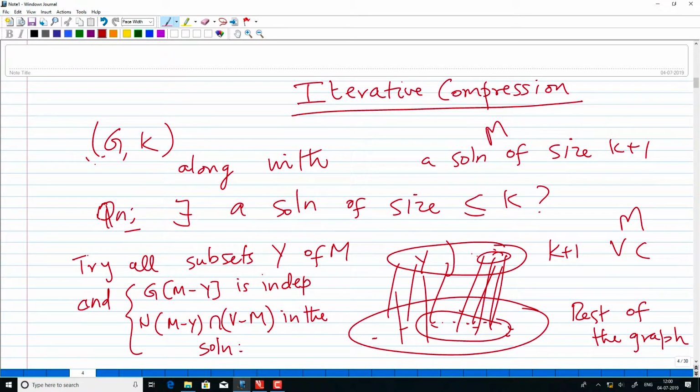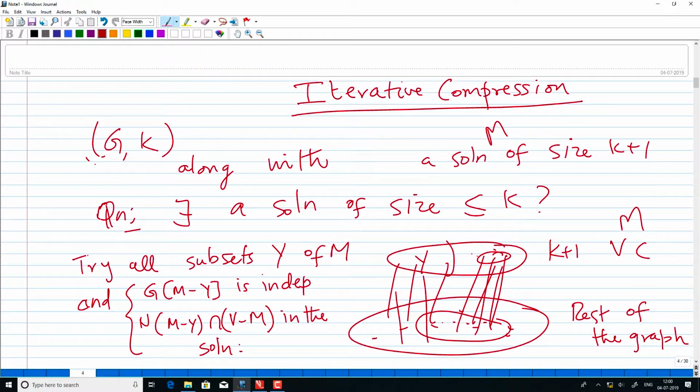If for every such Y I did not get less than or equal to k, then I say no, right, because we are actually solving the minimum vertex cover problem here. When you run over all possible Y and take the minimum, that is a minimum vertex cover, and if it is less than or equal to k, you say yes, otherwise you say no.